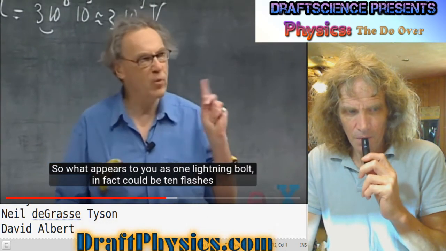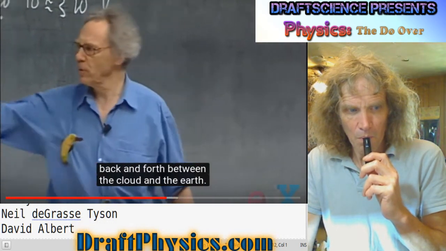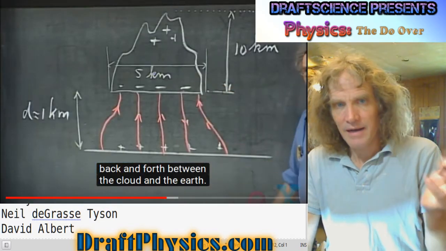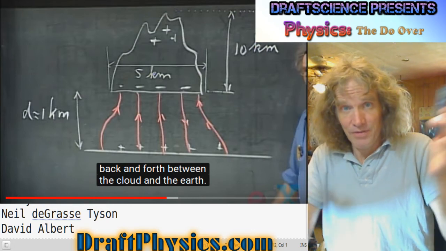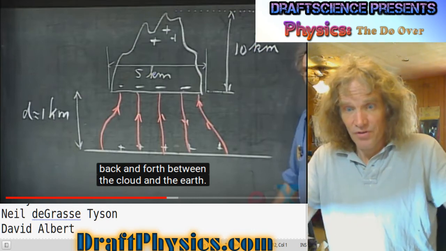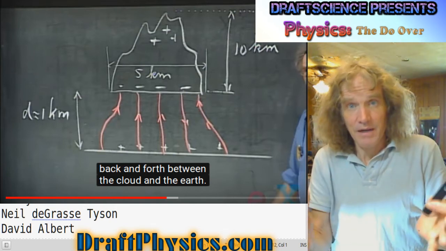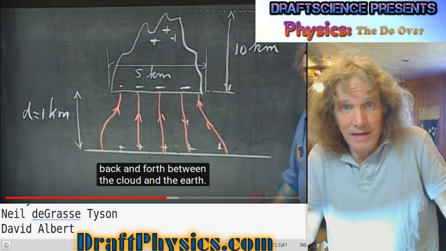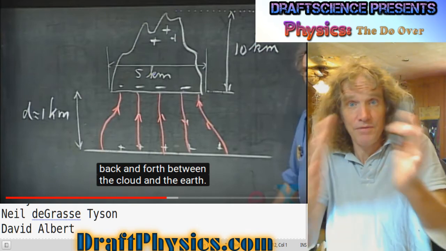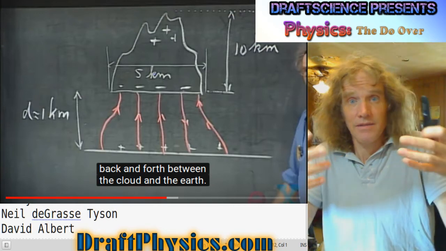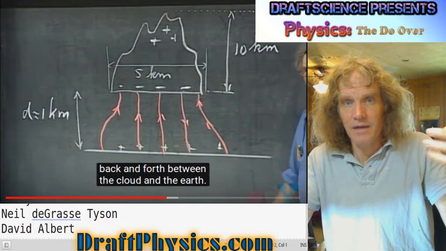So what appears to you as one lightning bolt, in fact, could be 10 flashes back and forth between the cloud and the Earth. See, the ionization creates charge differentials in the atmosphere. So when you start ionizing, you start attracting other atoms. The density of that area becomes more dense with atoms, because you've created a little bit of a magnetic or charge scenario, and that migrates anything that's a negative ion, and you have positive ones, they're going to move towards the negative ions.